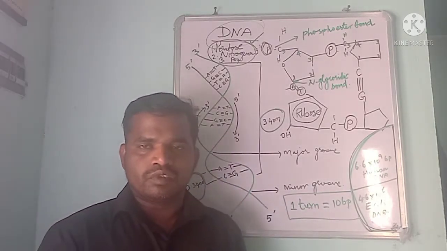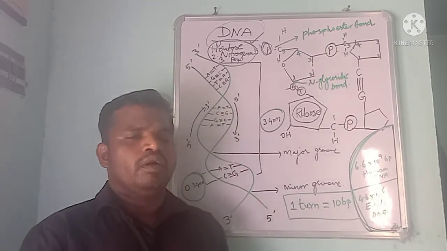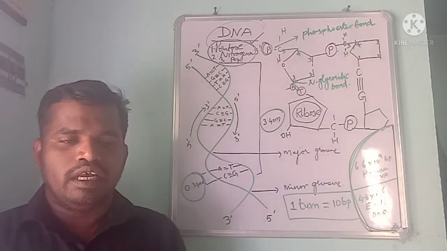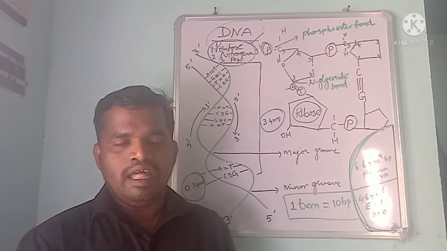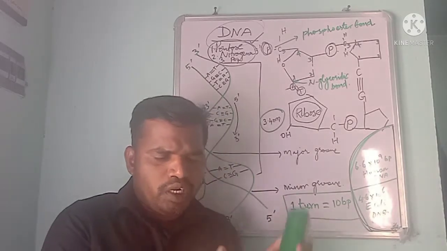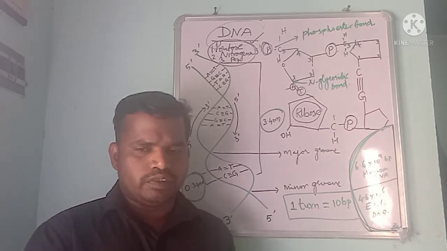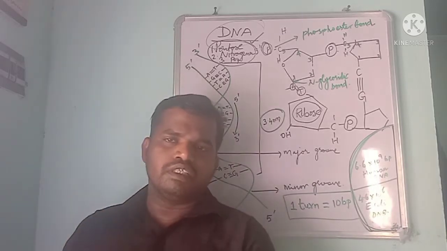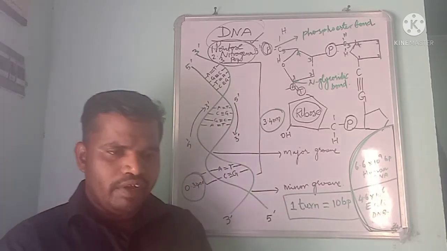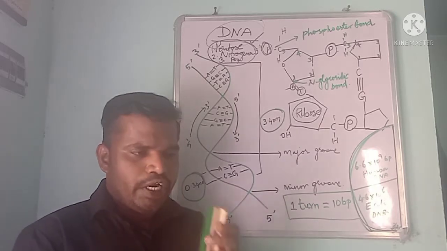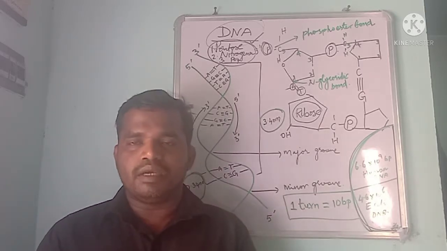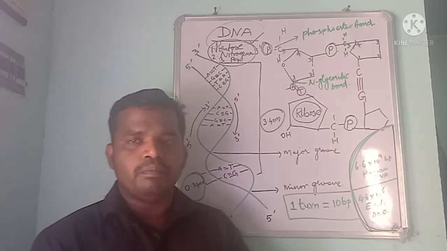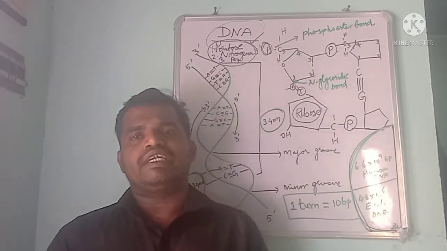Got it? Clear? This can be proved evidently by the Hershey and Chase method. They used a bacteriophage and cultured it in two different radioactive isotopes: phosphorus 32 and sulfur 35. The radio-labeled bacteriophages were allowed to infect bacteria.